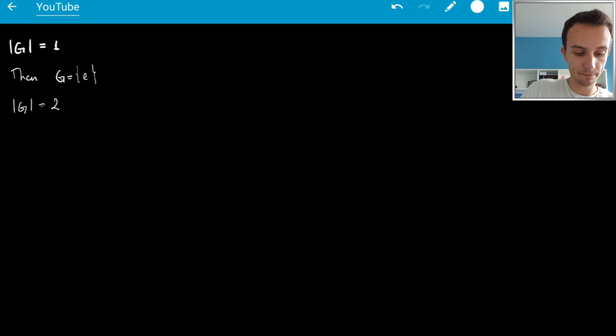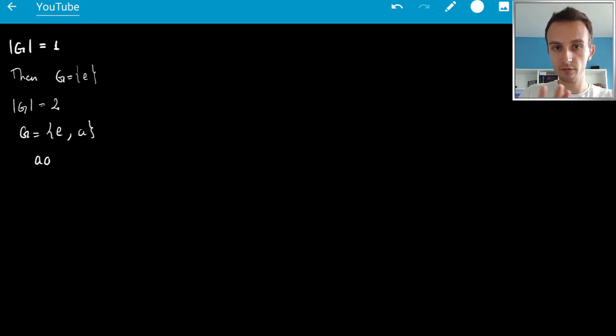Suppose the order of G is 2. Okay, I can say that G is E and A. The identity needs to exist in the group. Because A times A, I'm going to just omit the action symbol and look at it as multiplication, could either be E or A, right? Because it needs to be in the group.